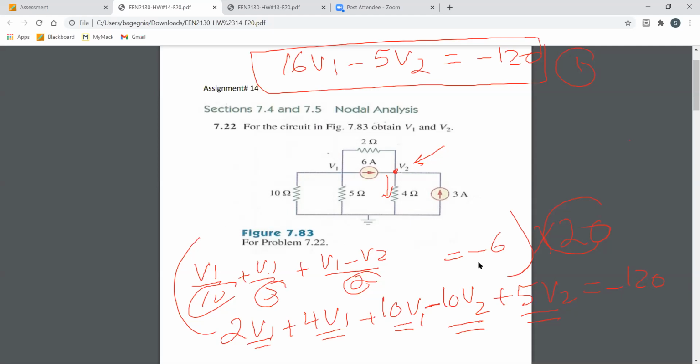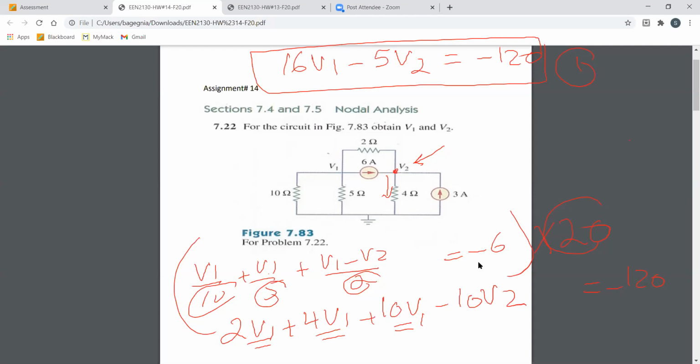So let me make the correction here. That one will be moved away. So it will be negative 10V2 equal to 120, correct? So we have 4V1 plus 10V1 minus 10V2 equal to negative 120.